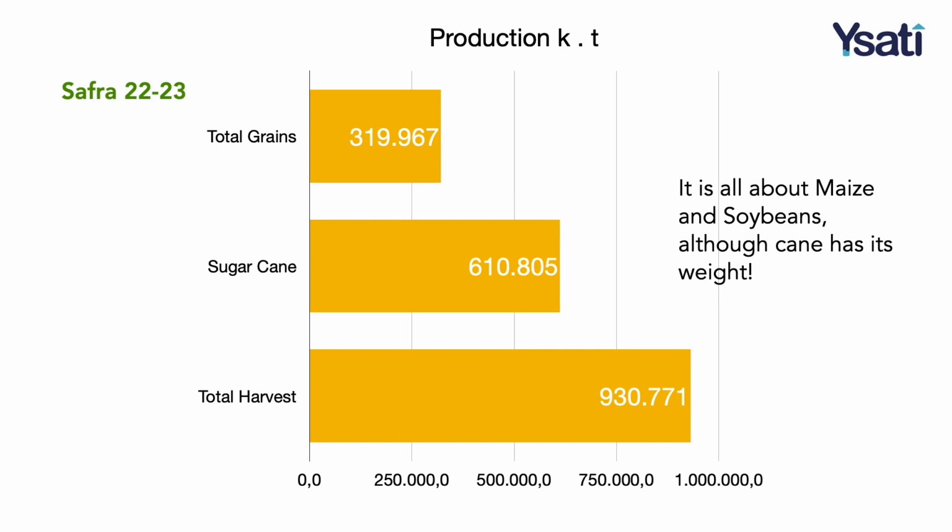So here we can see the total production, 931 million tons, but it is completely distorted this year because we did have 610 million tons of sugarcane output. So the total grains, which we should actually focus on, is 320 million tons in this year of 22-23.